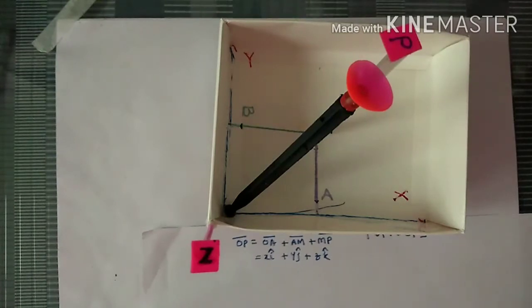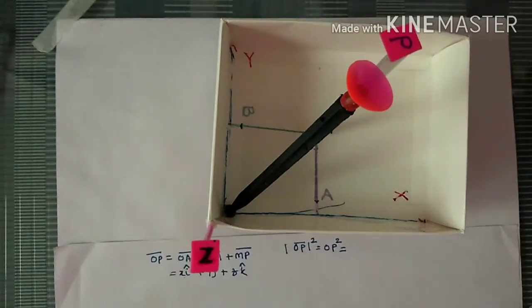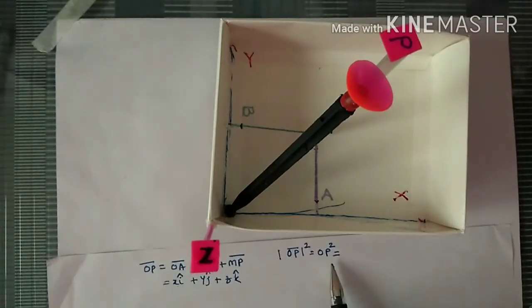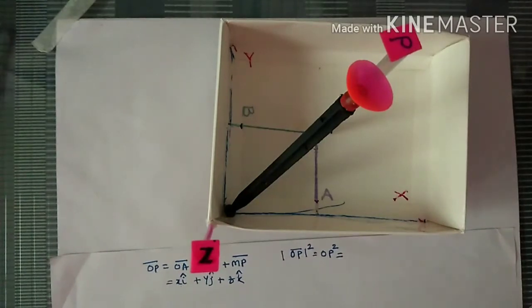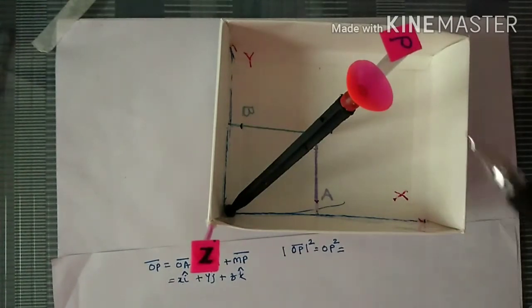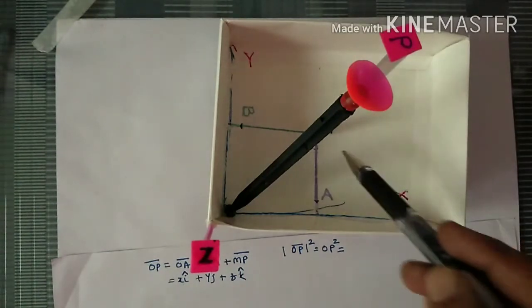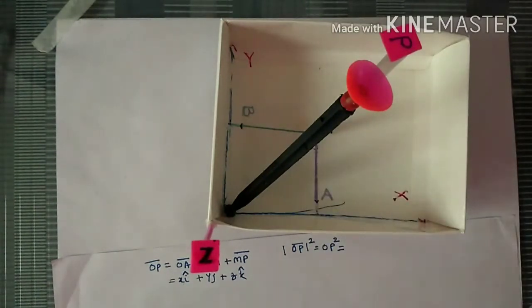Now next we want to find the magnitude of OP. So let's find OP square. PM is perpendicular to the xy plane. So this triangle PMO, can you see the triangle here?